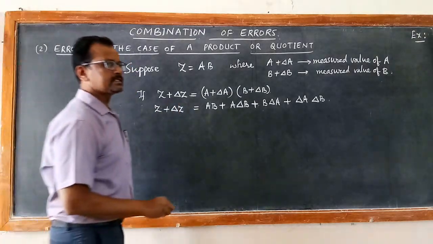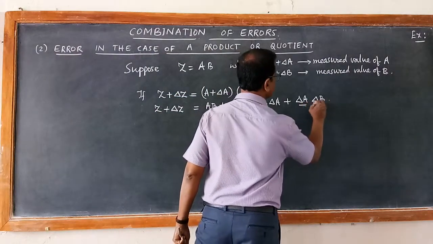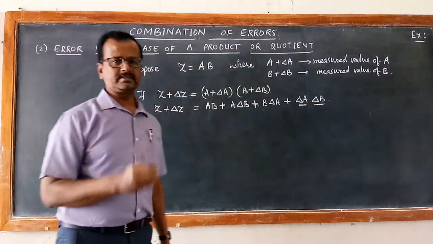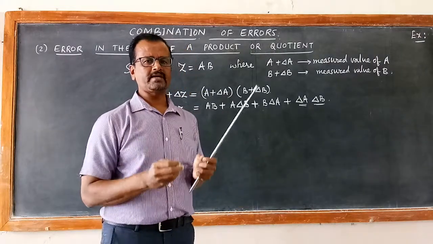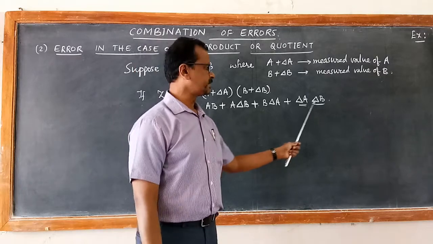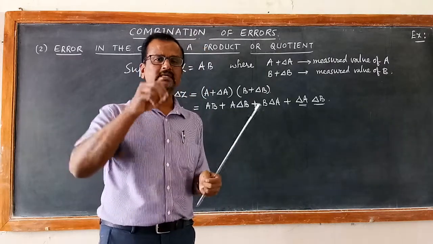Now in this, delta A and delta B are going to be very small fractions, small decimals. Since the absolute errors are small decimals, if you take the product of those decimals, it is going to be still smaller.